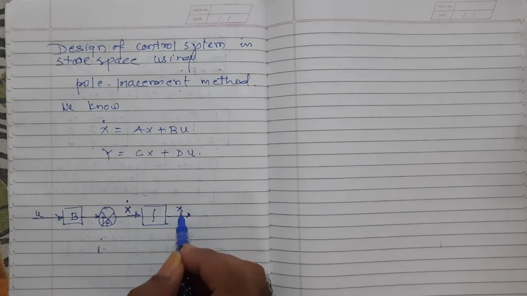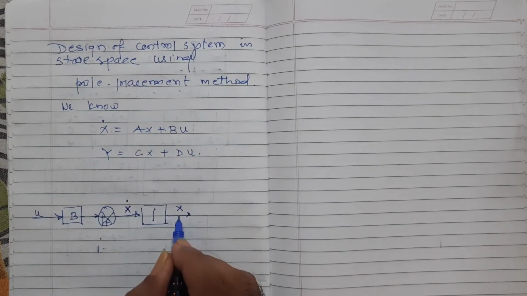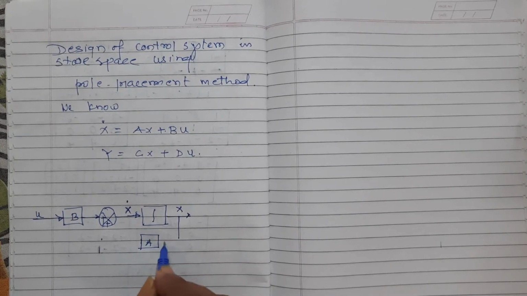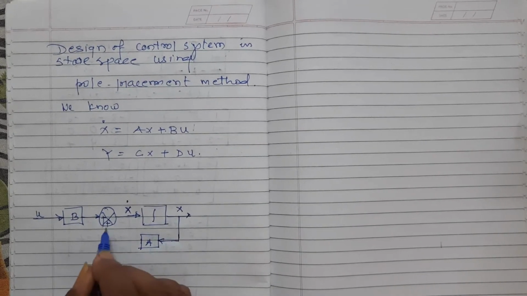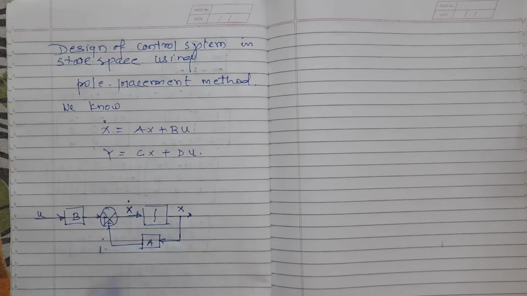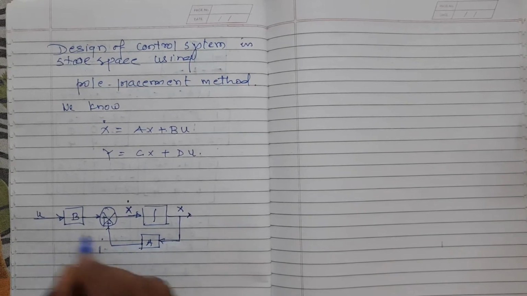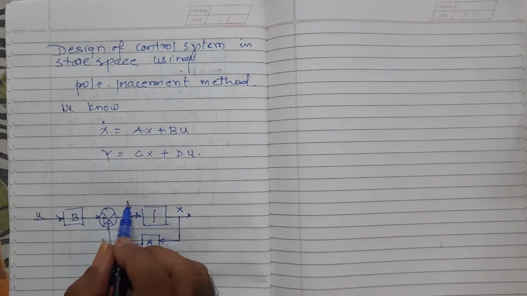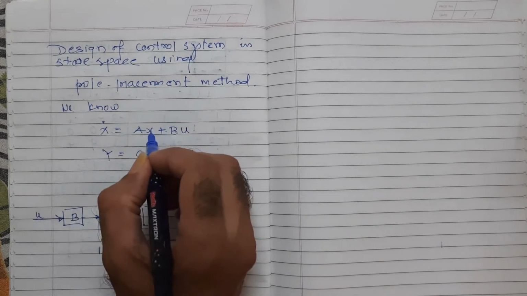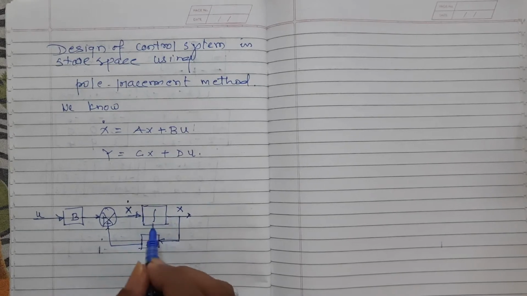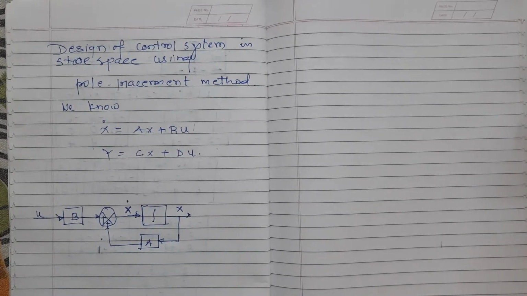Now this x is multiplied by a, so we have the block a here. This is ax and this is bu. Ax plus bu equals x dot, and the integration of x dot gives x.